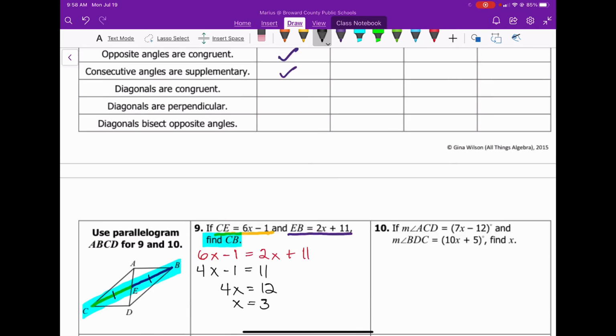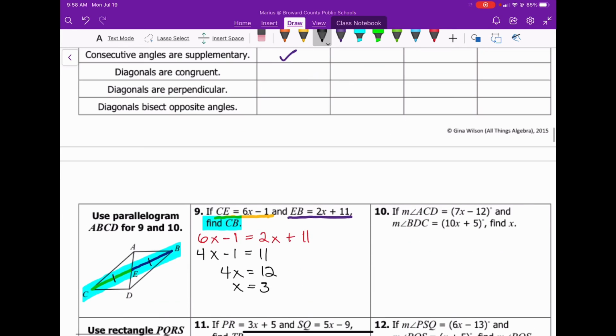Now that I've solved for x, I'm going to plug x into EB, okay? So EB would be 2 times 3 plus 11. 2 times 3 is 6. 6 plus 11 is 17.